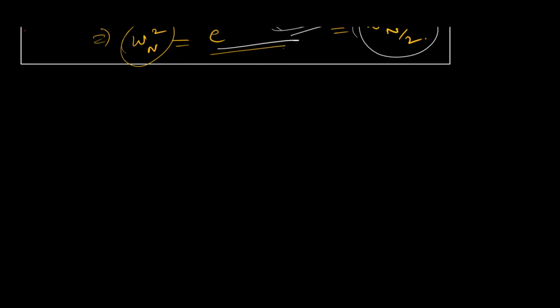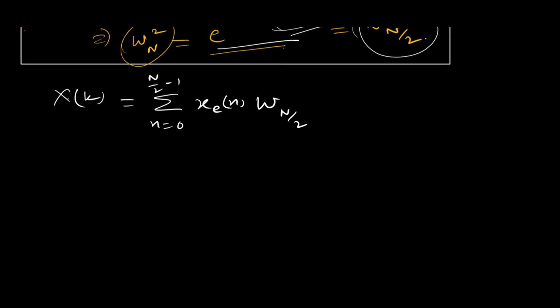X[k] will become equal to the summation n equal to 0 to N/2 minus 1 of x_e[n], and I'll write W_{N/2} to the power nk. I've substituted for this thing.